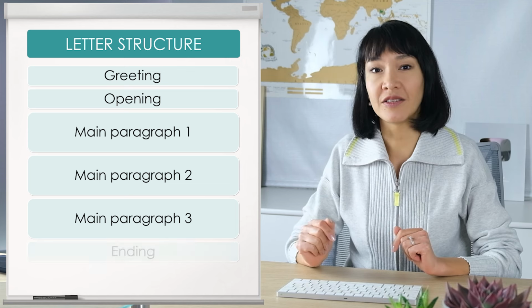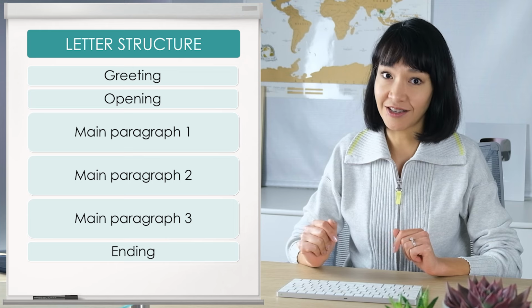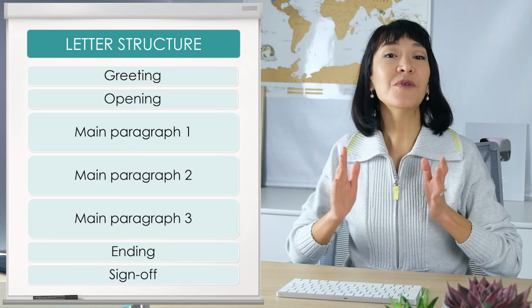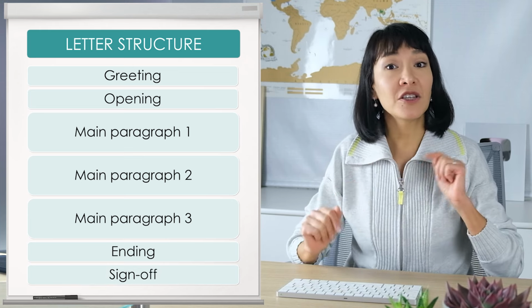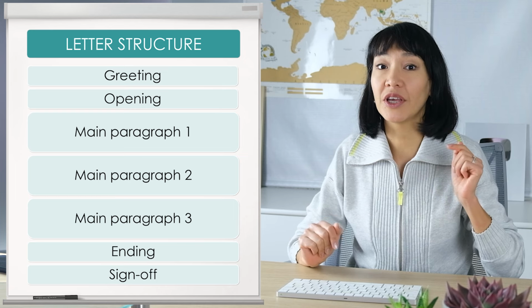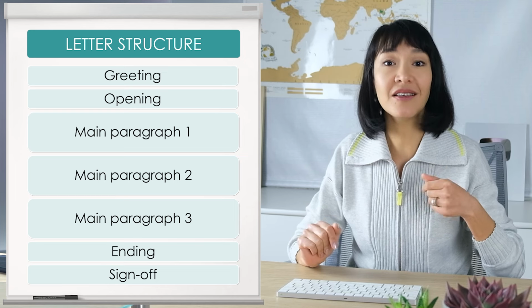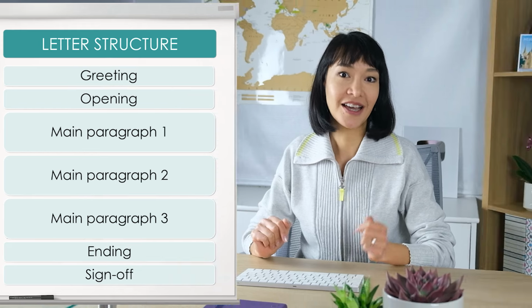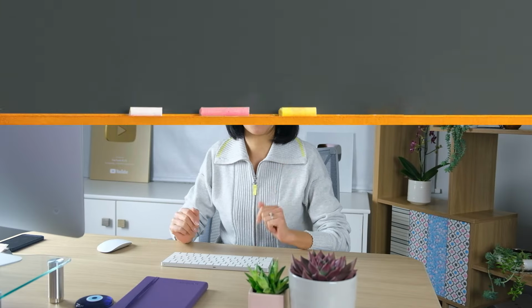Sometimes we'd have an ending, but not in this letter. And a sign-off. When you're planning your letter, find a story you're going to tell in your letter first, and then start writing. Let's look now at our letter step by step.